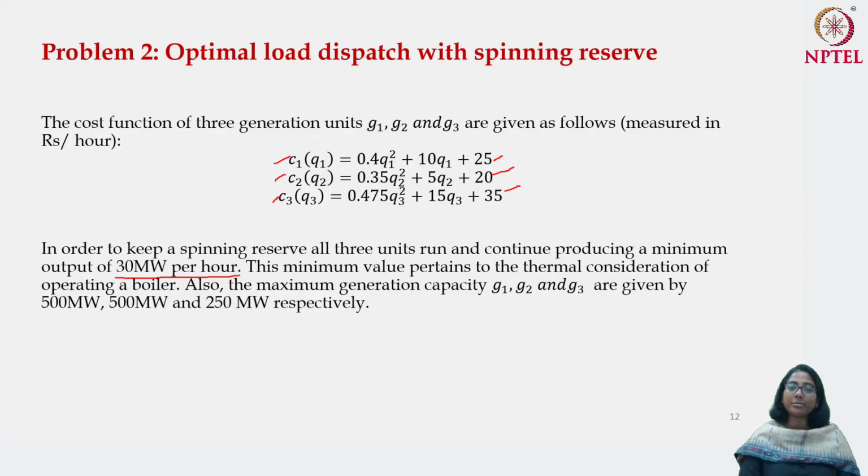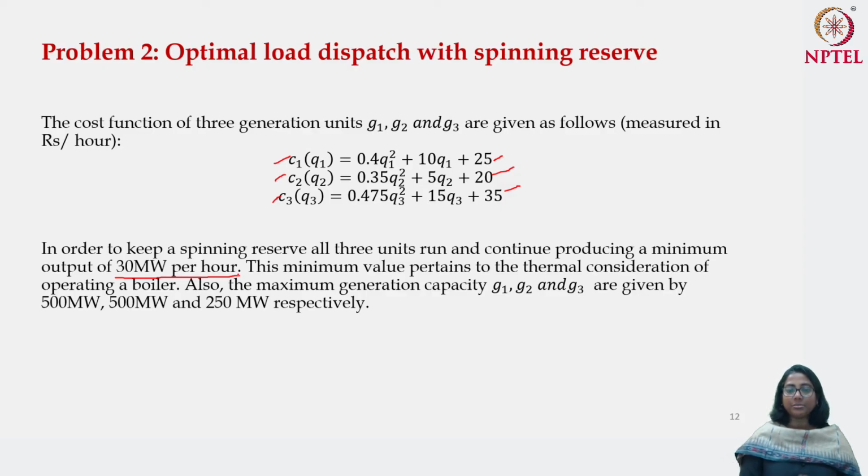This is generally determined based on the thermal considerations of operation of the boiler. These are technical specifications, so you cannot run it at a capacity less than 30 megawatt per hour. Probably the operation cost will go up, and physically that is not quite possible.